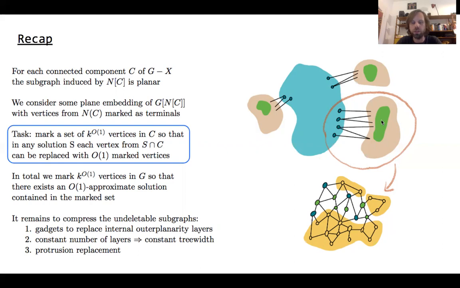And if one wants to improve the approximate kernelization and exact kernelization, this is exactly the sub-problem that needs to be better understood. The setting with a planar subgraph with terminals on the outer face. And if we want to get an exact kernel, we would need a marking scheme to cover not an approximate solution, but an exact solution.